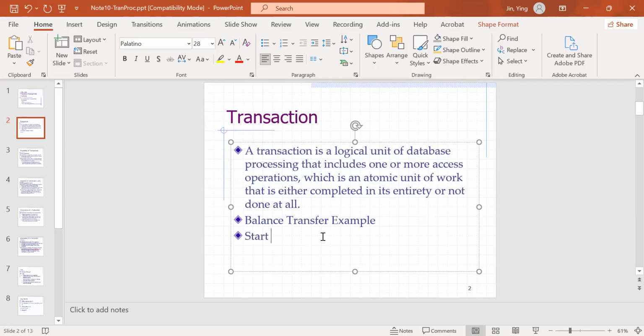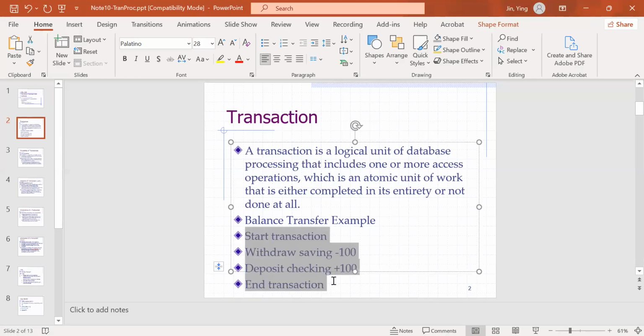So we start the transaction, and then we withdraw $100 from the saving account, and then deposit $100 to the checking account. That's the end of the transaction. So in this whole transaction, we have two operations, withdraw and deposit.